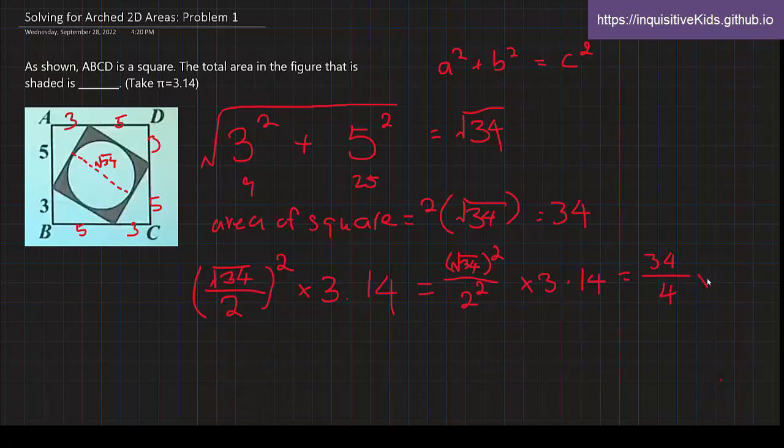We're multiplying that with 3.14. So this becomes 17, this becomes 2. So of course it's really just 17 over 2 times, now let's try to make 3.14 a fraction. So that would be equal to 314 over 100. If we divide this, we get 50.